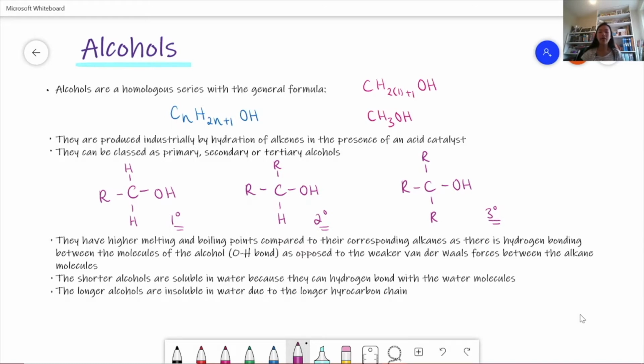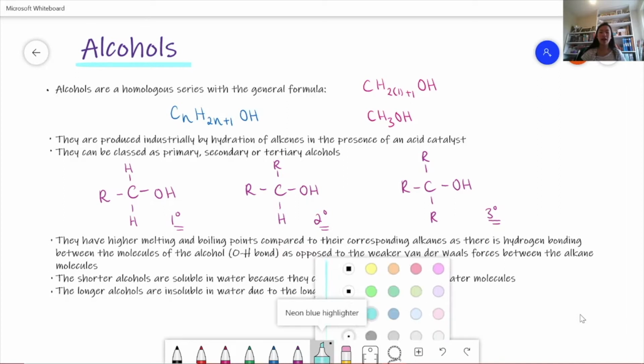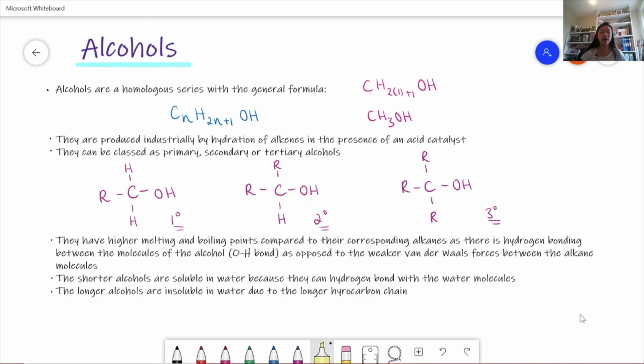Alcohols have a higher melting and boiling point compared to their corresponding alkane, and this is due to hydrogen bonding. We get hydrogen bonding between hydrogen and a very electronegative atom, and because we have OH bonds, hydrogen bonding is present.